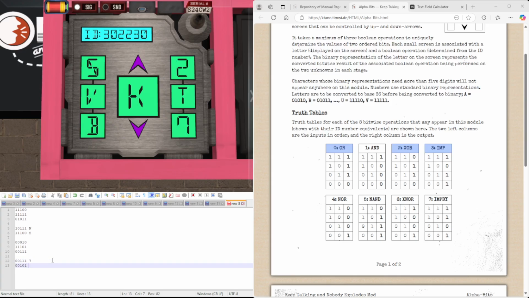That becomes 7. That becomes 5. That's 4 plus 2 plus 1 is 7. And 4 plus 1 is 5.